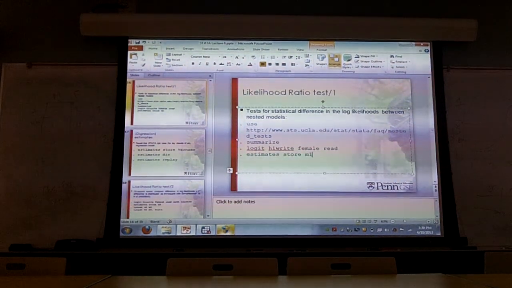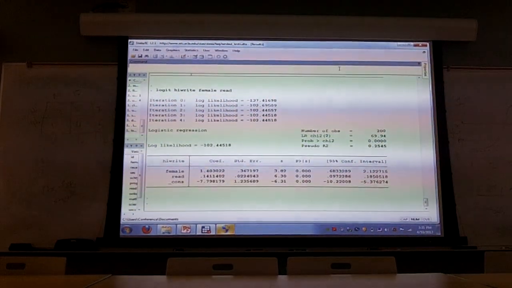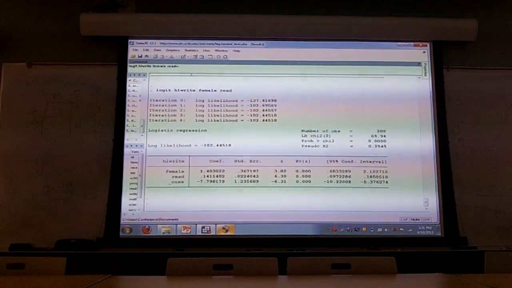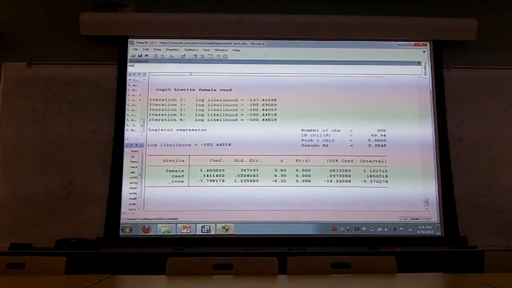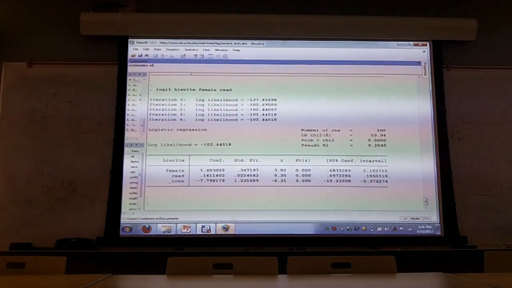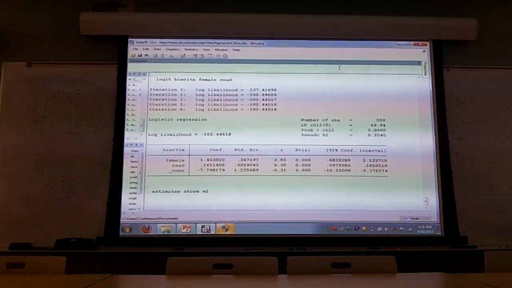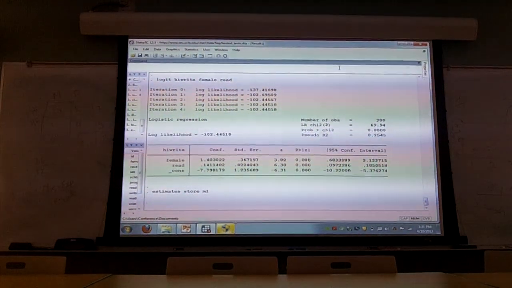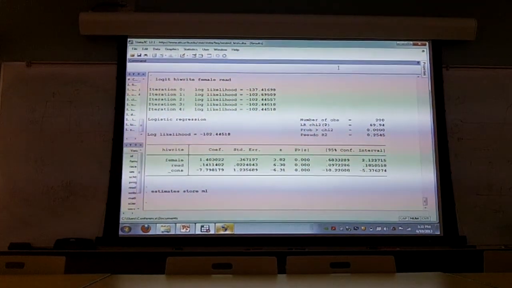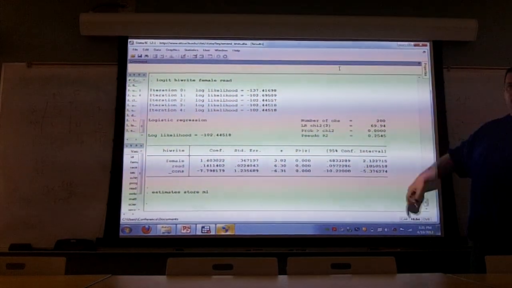So what I'm going to do, and we did this before, is store the estimates for that model. All the information about the model is in memory: the coefficients, the likelihood ratio, all of that.